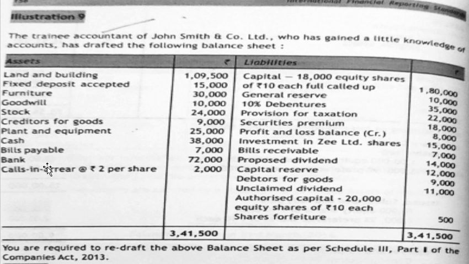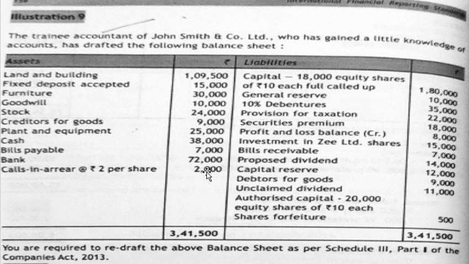So as they have not paid, these shares would be deducted from the shareholders' capital. They have stated here calls in arrears at rupees 2 per share, which is 2,000. So the number of shares will be 2,000 divided by 2, which will give you 1,000. So for 1,000 shares the call money has not been paid.